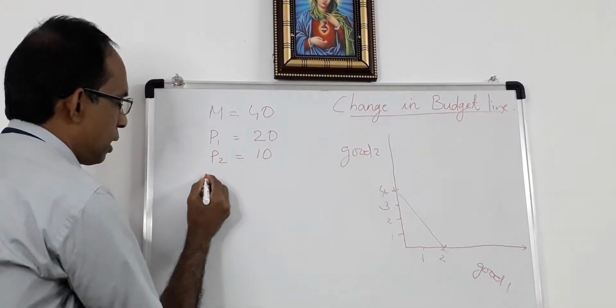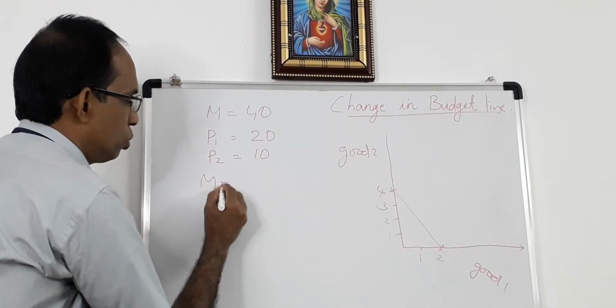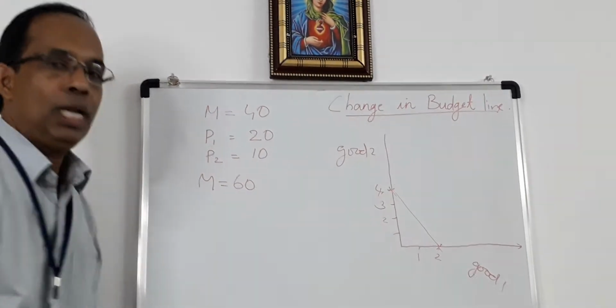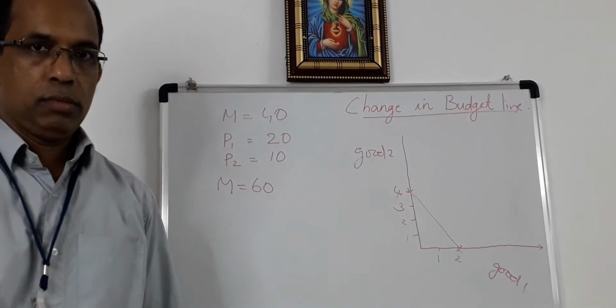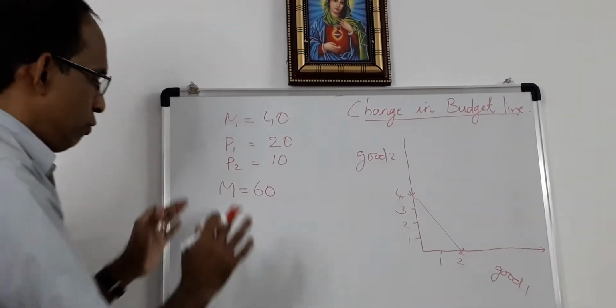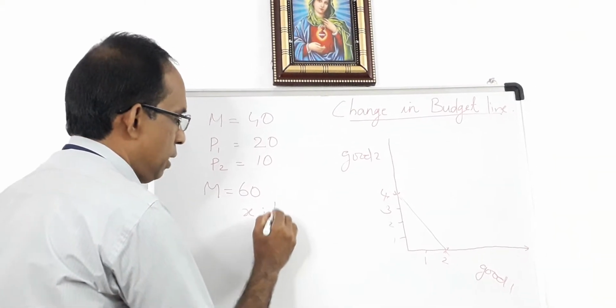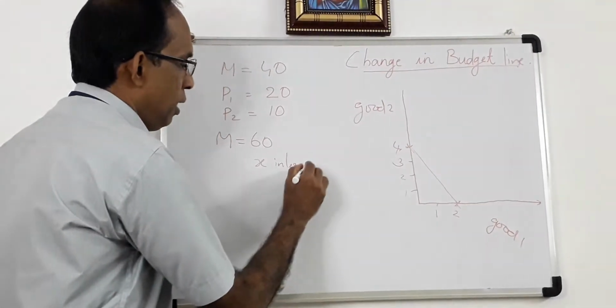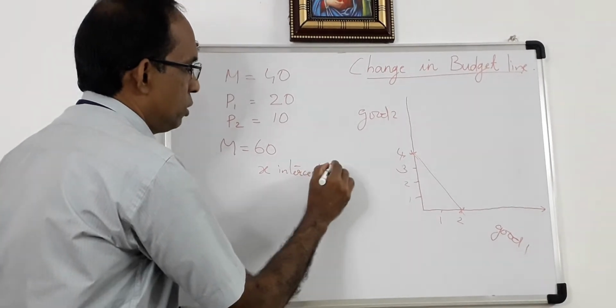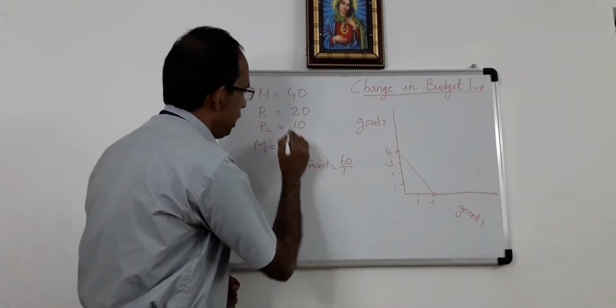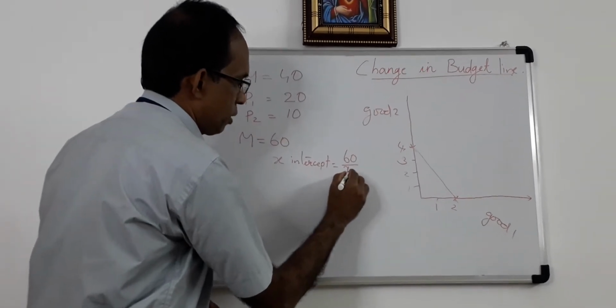Suppose income of the consumer increases to 60. No change in P1 and P2, only income increases. Then first we have to find out the x-intercept. X-intercept is equal to m divided by P1. P1 here is 20.